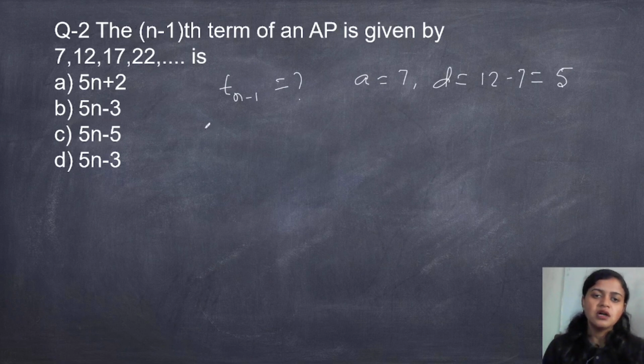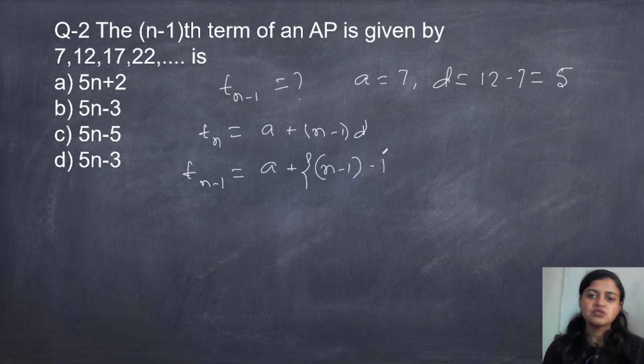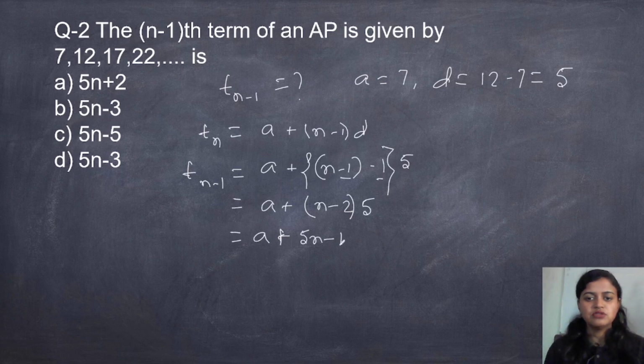We know that Tn means A plus n minus 1 into D. So for T(n minus 1), in the place of n we put n minus 1: A plus n minus 1 minus 1 into D, and the value of D is 5. So A plus n minus 2 into 5, which gives 5n and 5 into 2, minus 10.